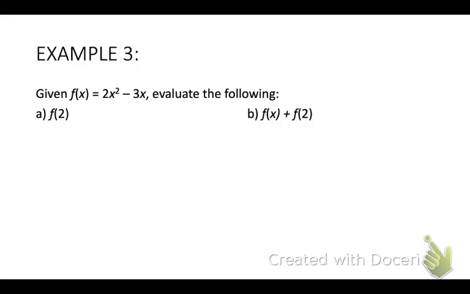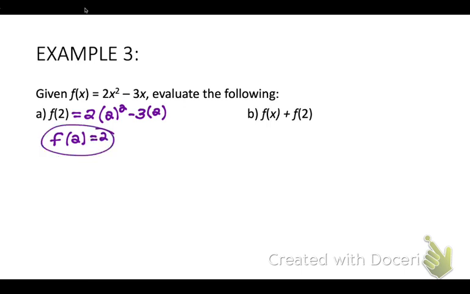Plugging in 2 for x in each spot gives us 2 times 2 cubed minus 3 times 2. I would just throw it all in my calculator, but if I had to think, 2 cubed is 8, times 2 is 16, 16 minus 6 is 10. So f of 2 is equal to 10.